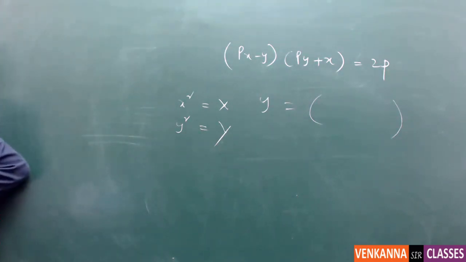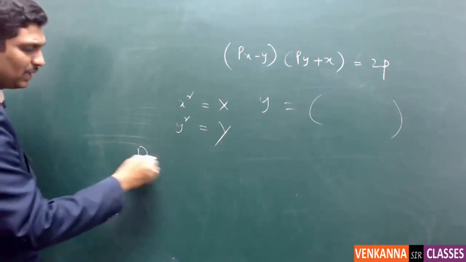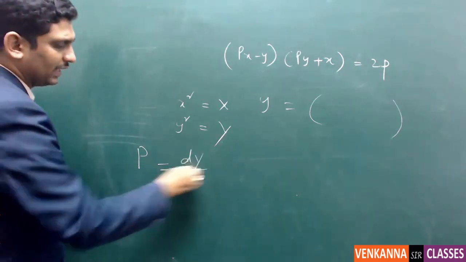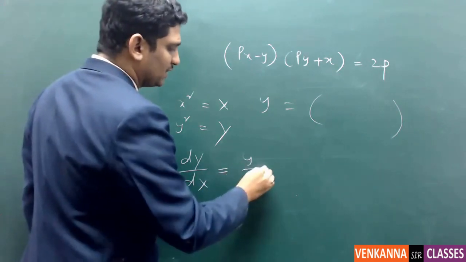So whenever small x square is there, we replace with capital X. Small y square is there, we replace with capital Y. So if you calculate the differential, capital P is equal to dY by dX, nothing but y by x into small p.